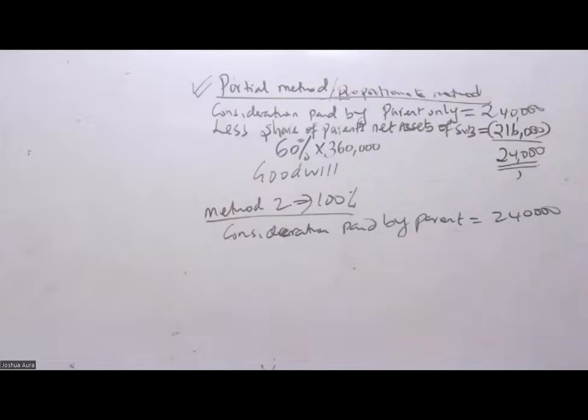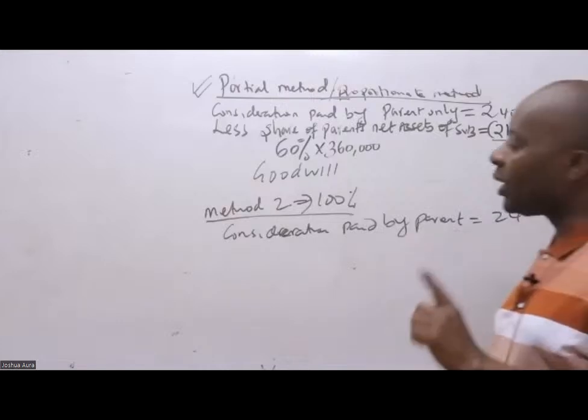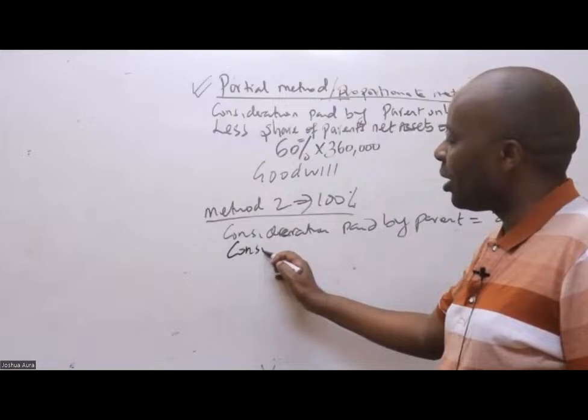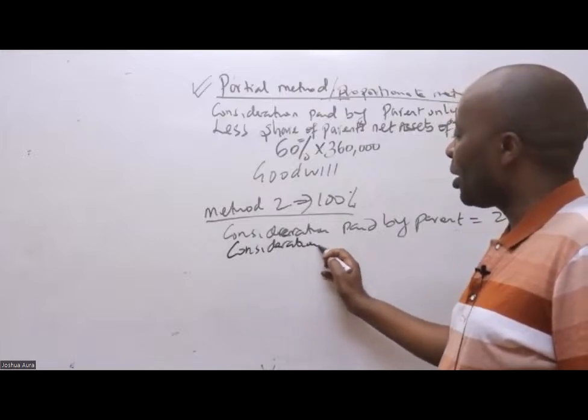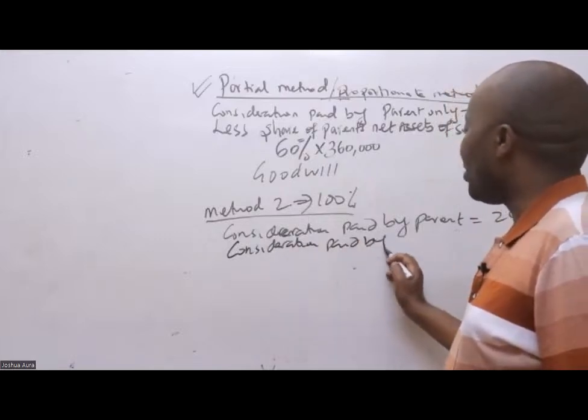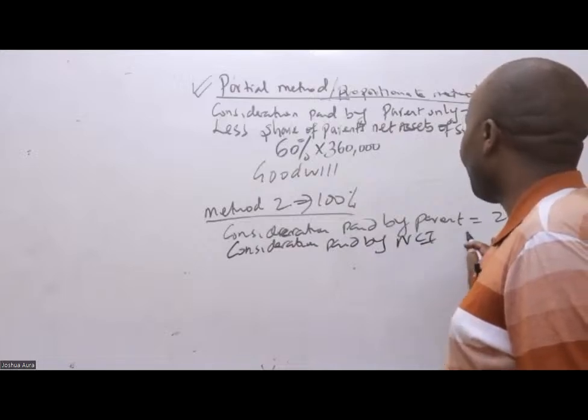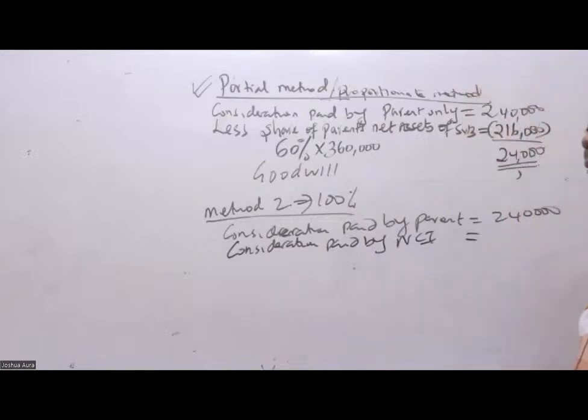They want us to make use of the partial method, but they would still want us to bring here the consideration that was paid by NCI. I'll show you how to calculate it.